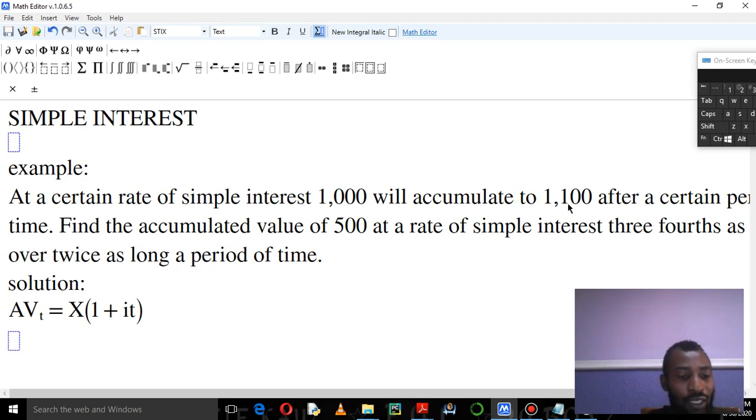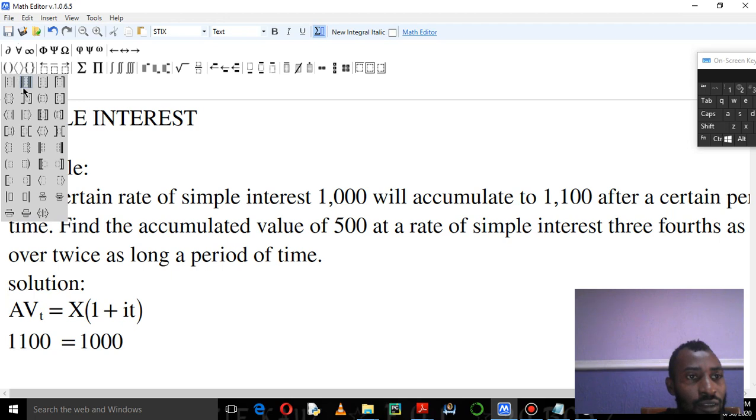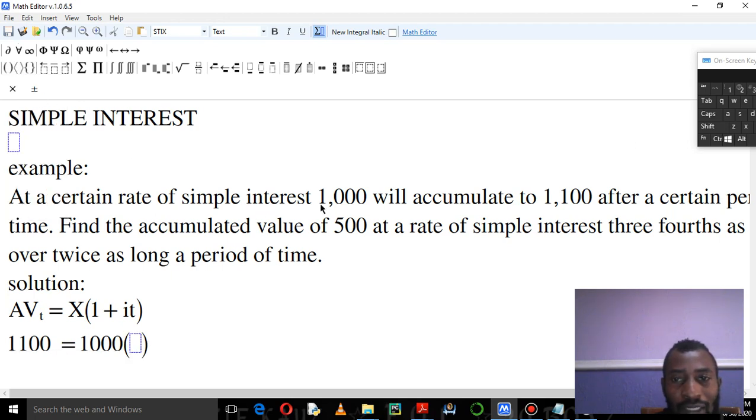So this is our accumulated value. So we have 1100 is equal to X, our initial or original investment, which is 1000, into bracket 1 plus IT.